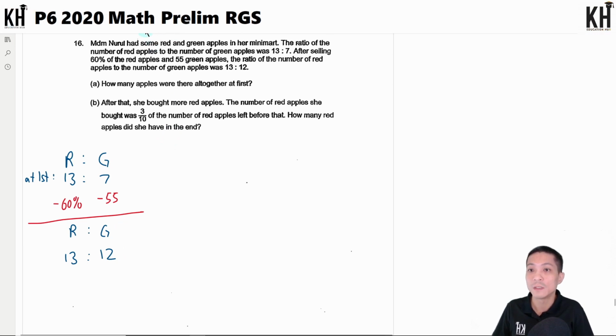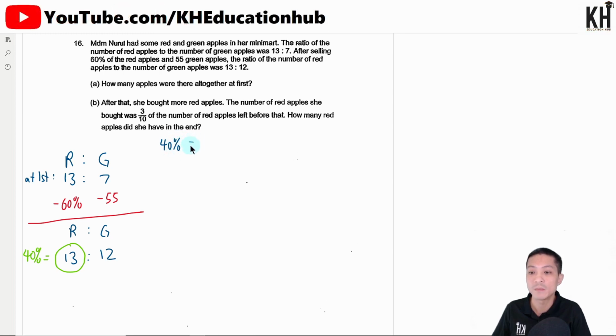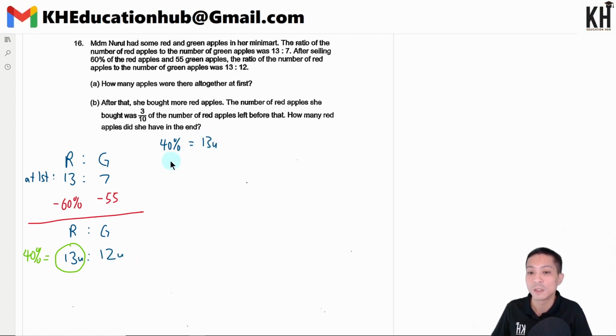Okay, so in this question, we know that after selling 60%, this is equal to 40%, right? Okay, so the first thing I'm gonna do is let 40% be equal to 13 units. I'm gonna let this be units. Okay, and so I'm gonna find out what is 100%.